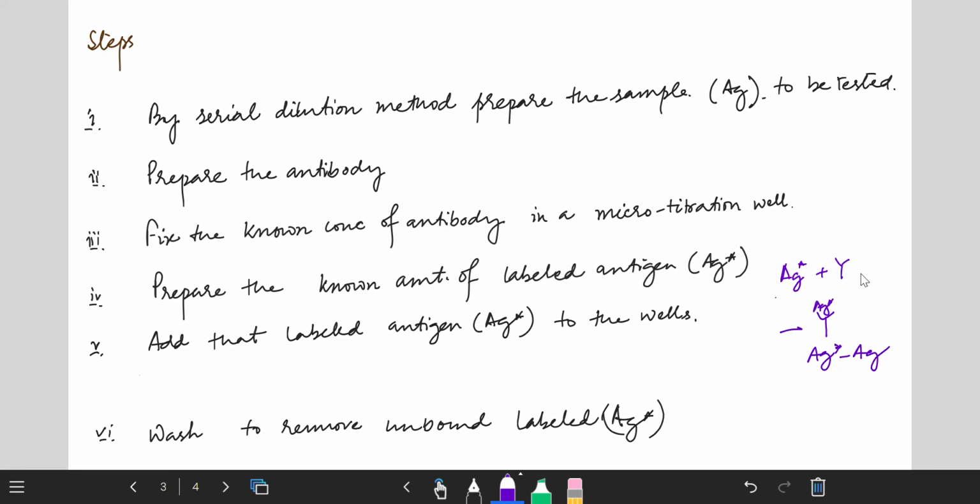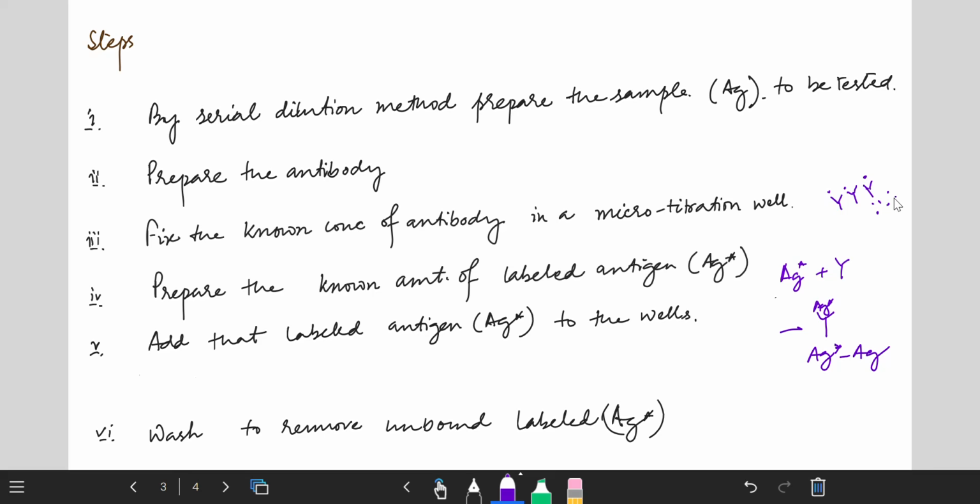If, suppose, 3 antibodies are present, obviously there will be binding of 3 labeled antigens, and the excess antigen will be present in the well. So we need to wash to remove that unbound labeled antigen.